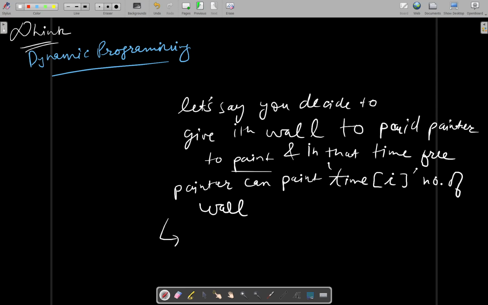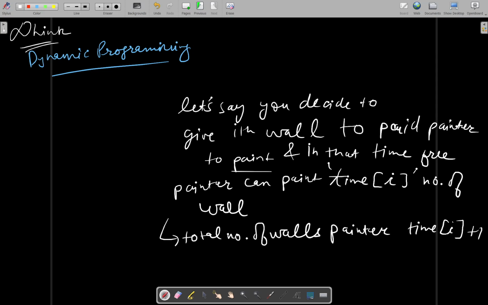So the total number of walls painted will be time[i] plus 1, and it will cost us the element in the cost array at the ith index. This is the observation that will help us to apply dynamic programming here.